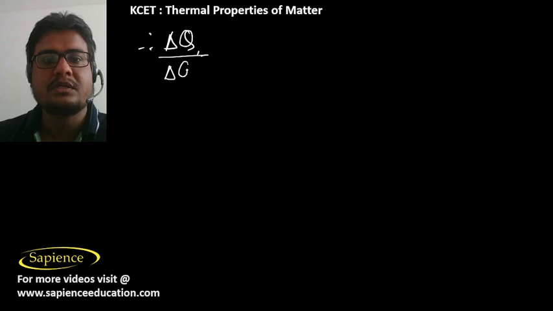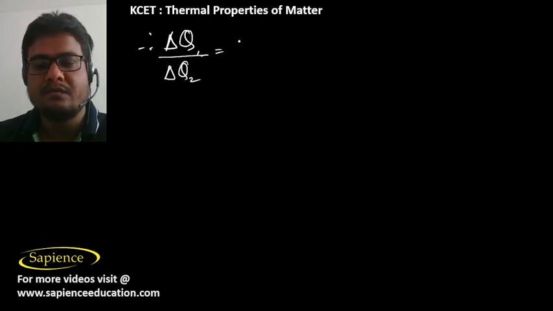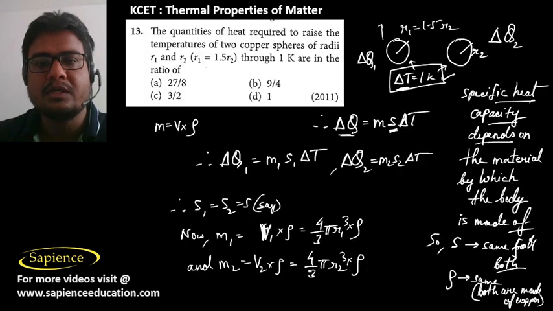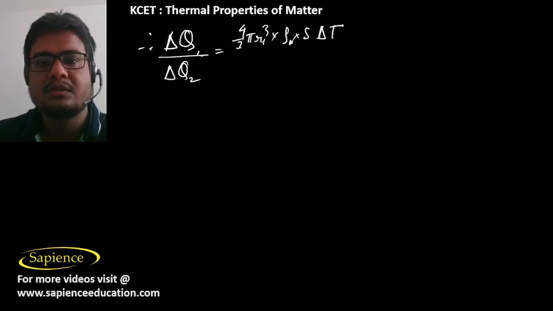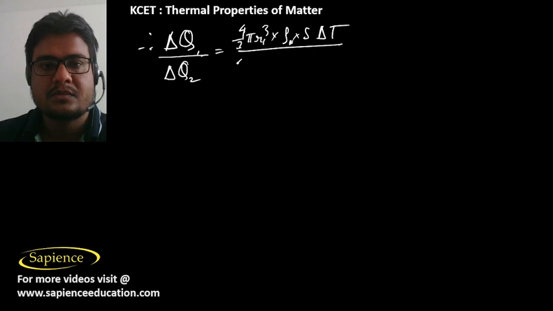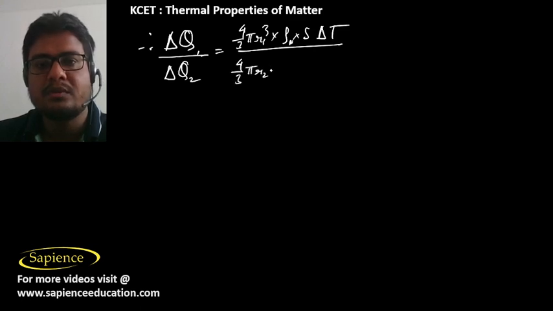Delta q1 by delta q2 will be 4 by 3 pi r1 cube into rho into s into delta t, divided by 4 by 3 pi r2 cube into rho into s into delta t.